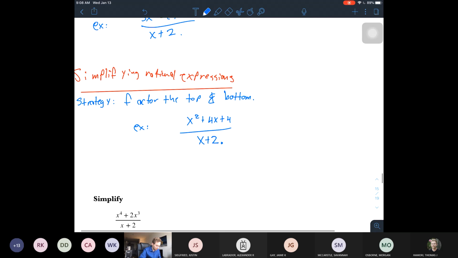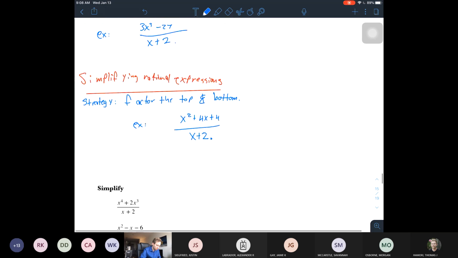Okay, so if we want to simplify this rational expression, what we should do is factor the top and bottom. The bottom's already factored, and we already just factored this top expression before. We have factored it as x plus 2 times x plus 2. Keep the bottom the same.